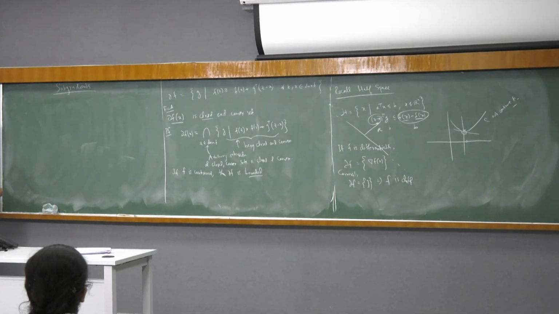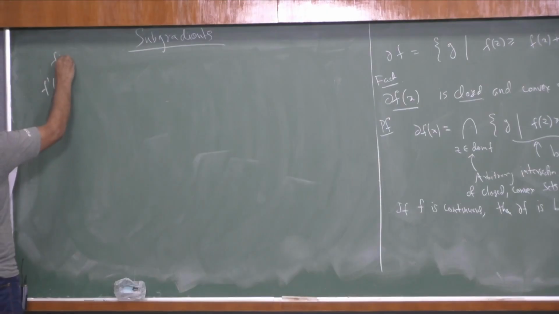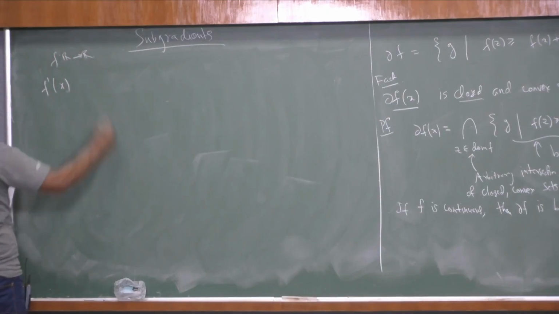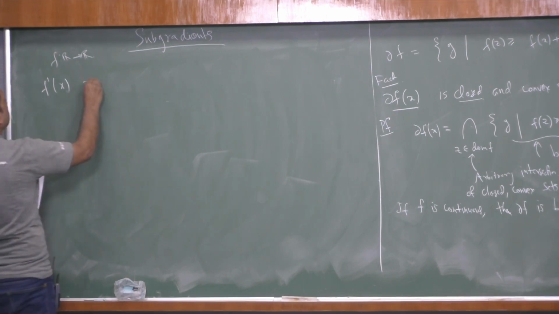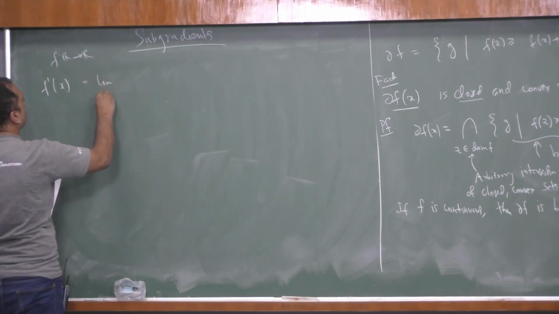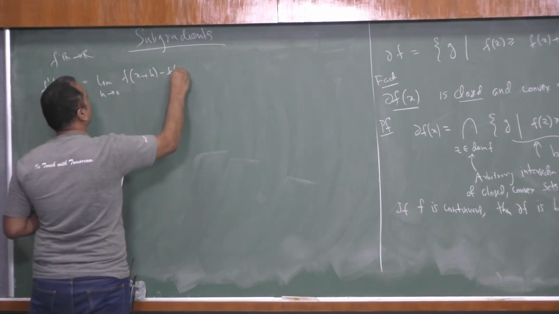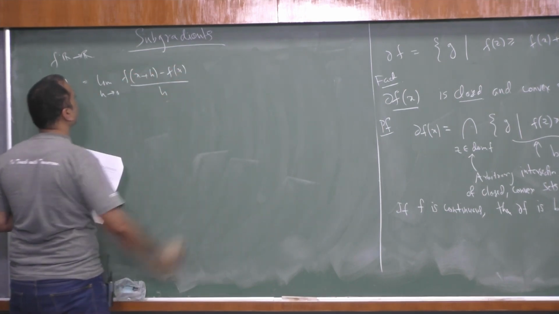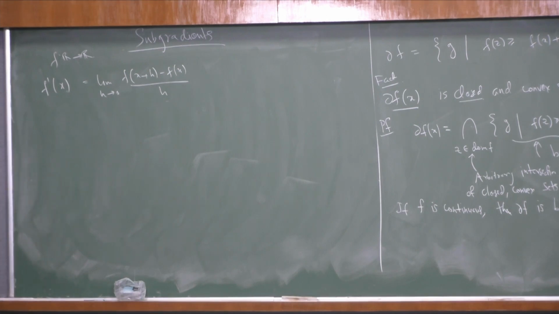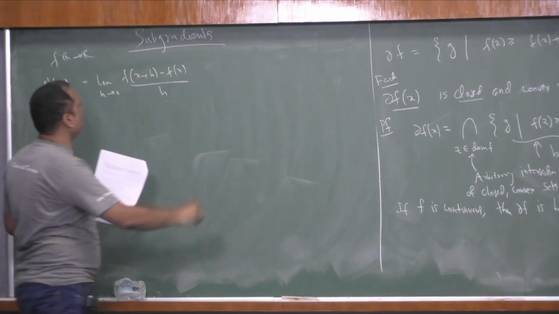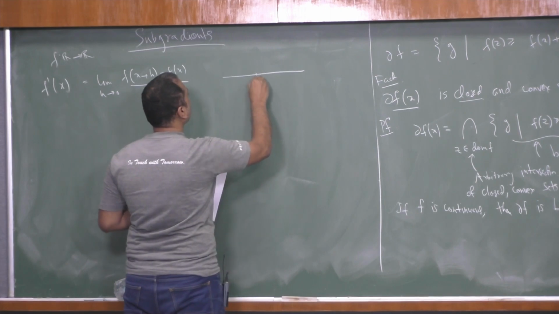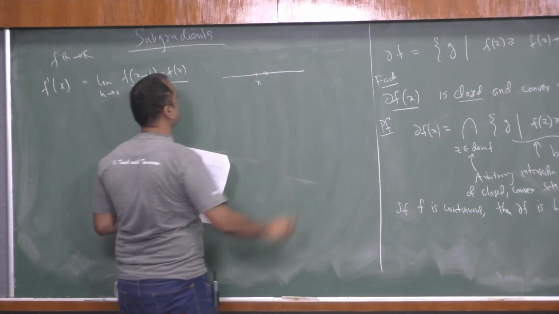If you recall the usual derivative, let us say f from R to R, then this is the limit h tends to 0 of f(x plus h) minus f(x), divided by h. On the real line you only have one possibility.